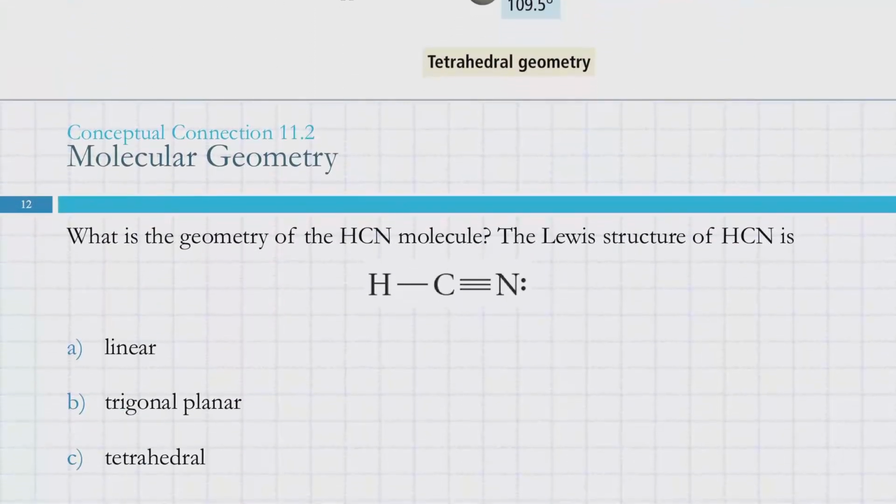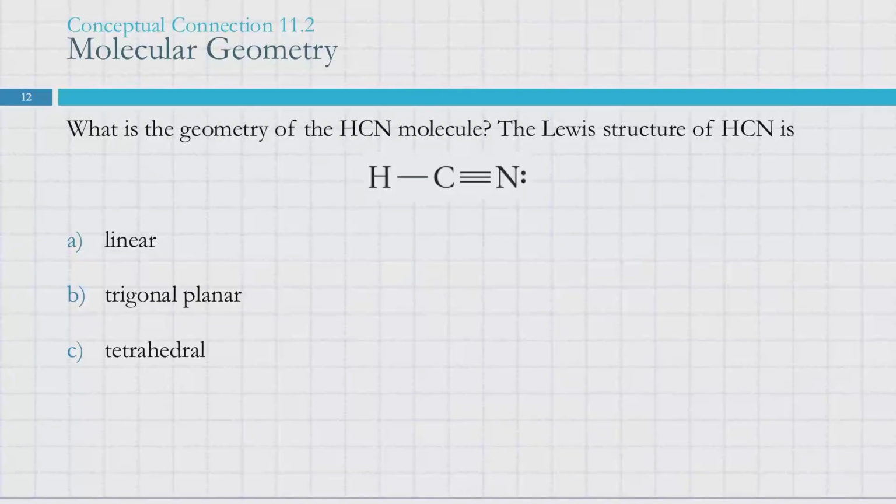Okay. What is the geometry of the HCN molecule given that the Lewis structure is as seen below? Which shape is this? Yeah, it's also linear. We've got 2 groups around the central atom, so it takes a linear shape.